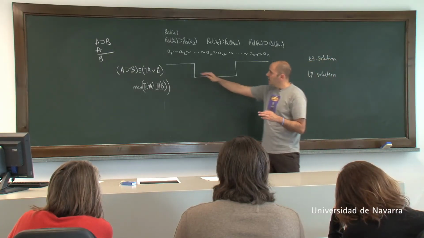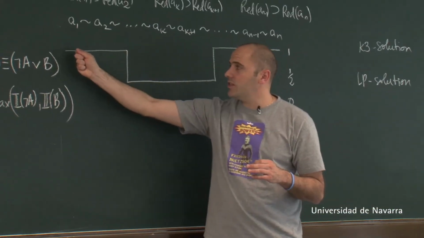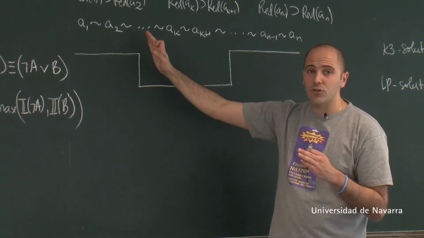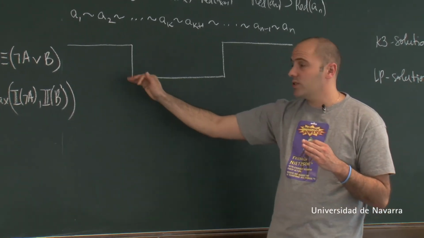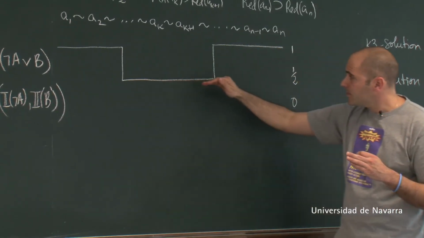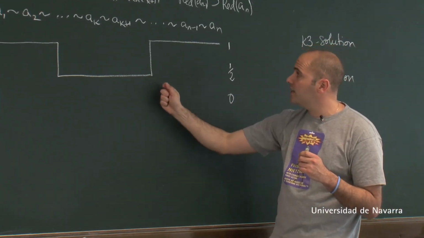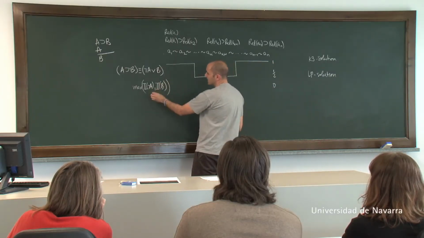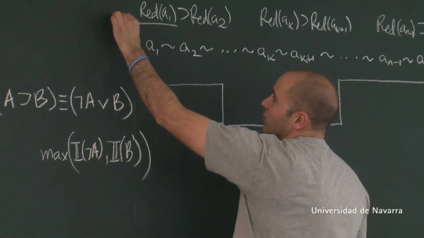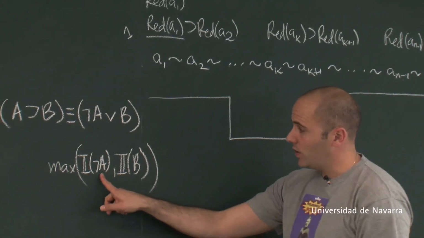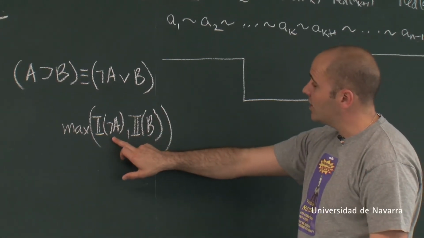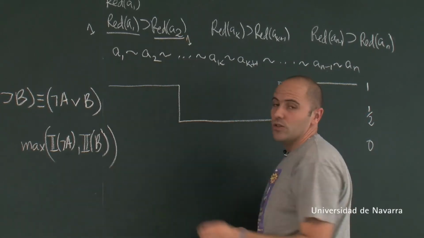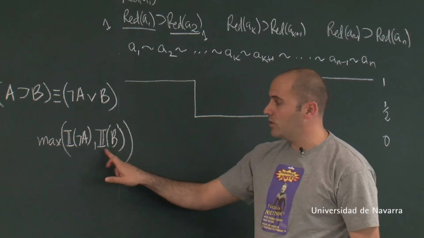What we see is that at the beginning, each of these conditionals takes value 1. At some point, the truth value of the conditional drops to the middle value. But at some point, again, the conditional goes up. Because at the beginning, the antecedent is red to degree 1, so its negation takes value 0, but the consequent is, we can suppose, red to degree 1, so it takes the maximum value.